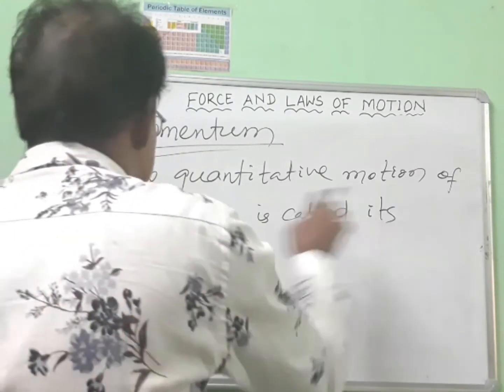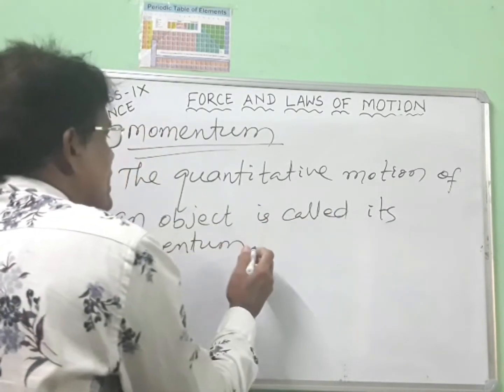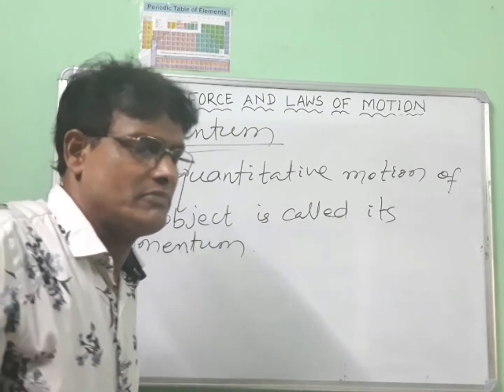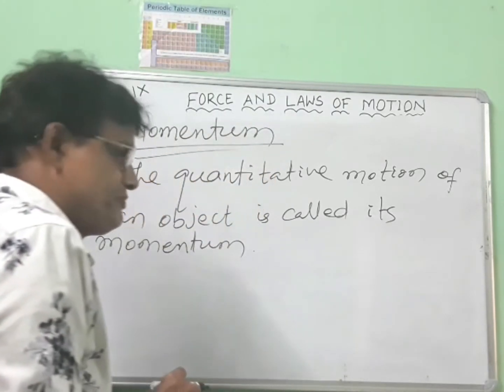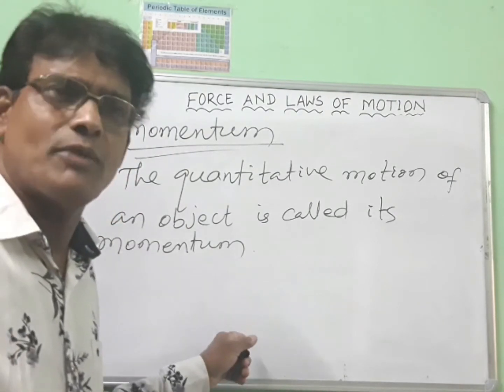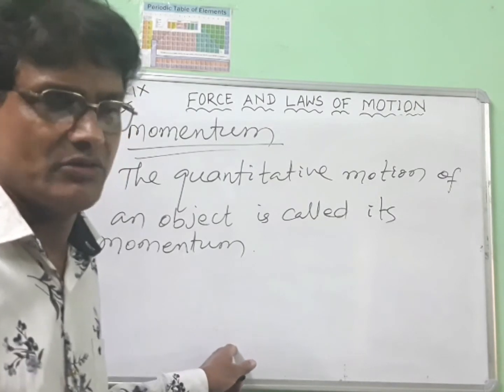It is the product of the mass of the body into the velocity of the body.